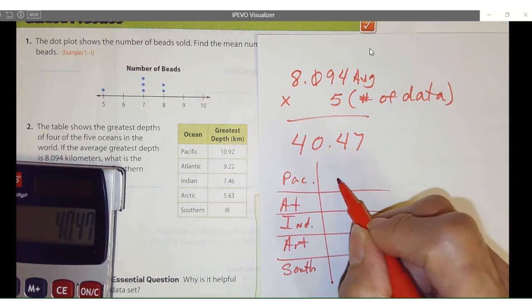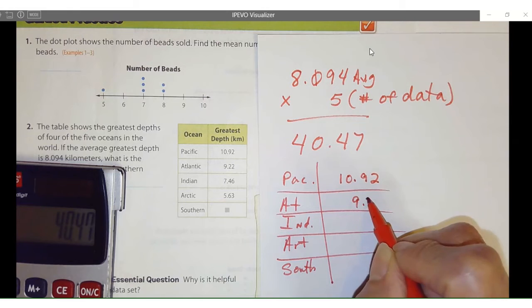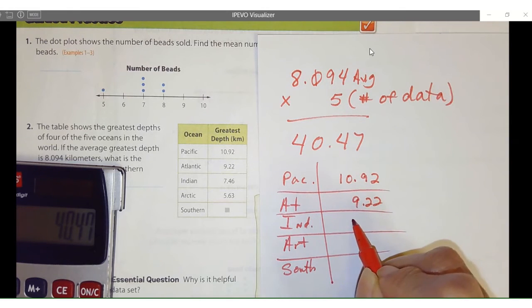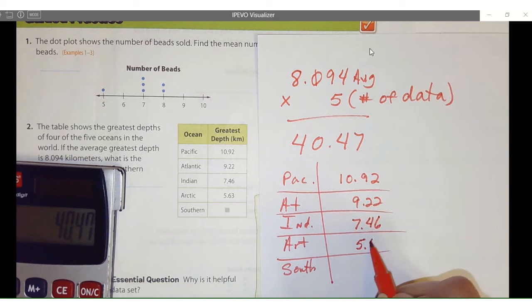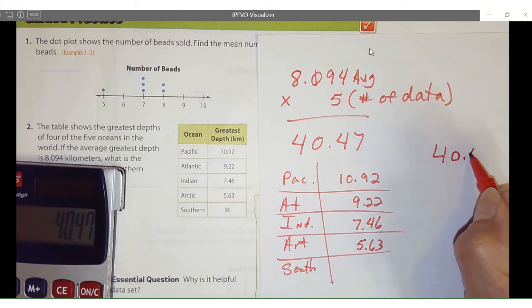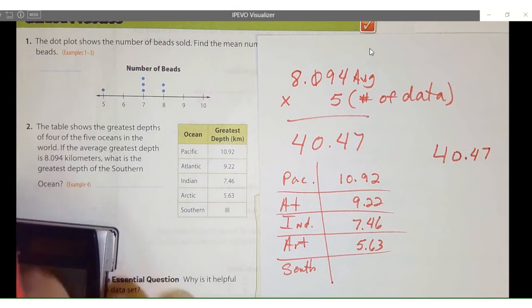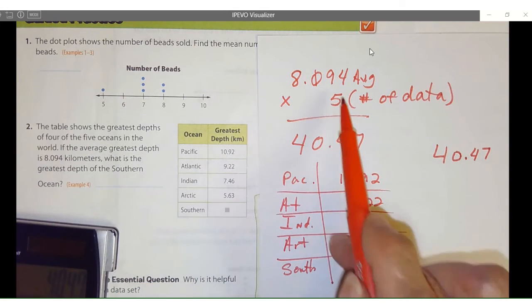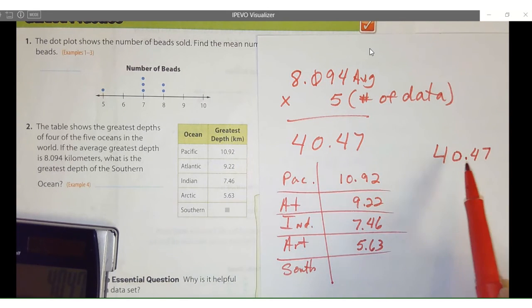Okay, so here is 10.92, 9.22, 7.46, and 5.63. So we're saying that this 40.47 is this 8.094 times 5, because that's the total number of data in the set. So we get 40.47. We're trying to solve for this.